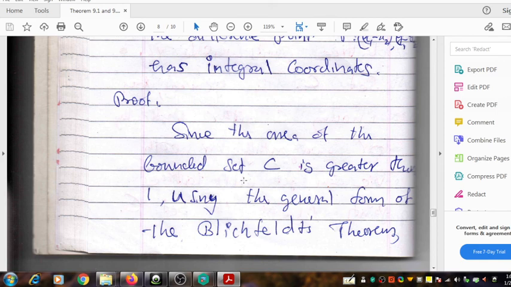Comparing it with the general form, here we have a set C, and it is given that it is bounded. But what is its area? In the general form, the area is given as A, but in our current situation the area of the set is greater than 1.